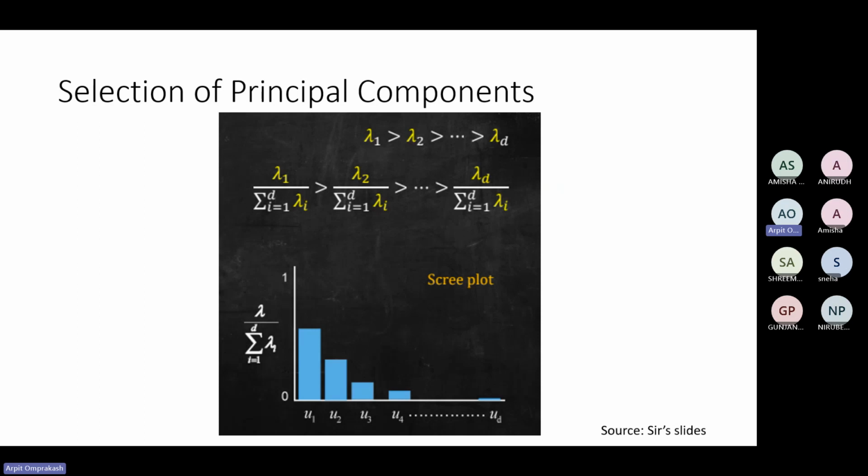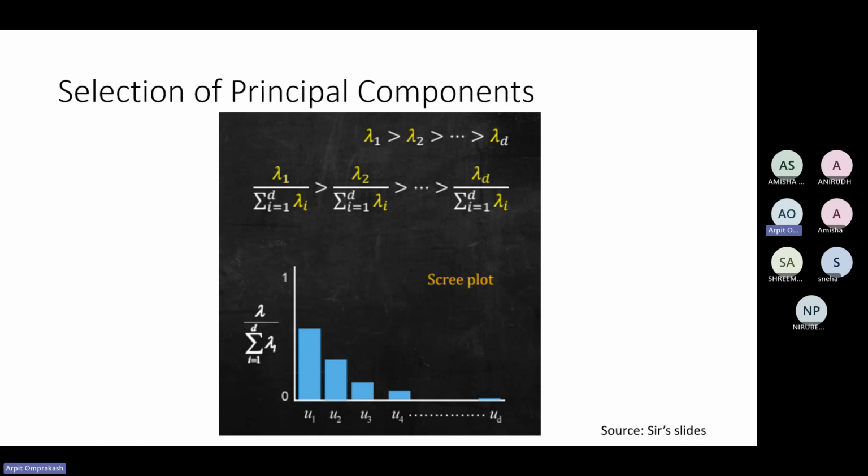So how do we do that? Basically we plot something called the scree plot. We have lambda 1 greater than lambda 2 and so on till lambda D. Now we convert this into proportions, so it will be lambda 1 divided by the sum of all the lambdas, that is, the sum of all the variance.